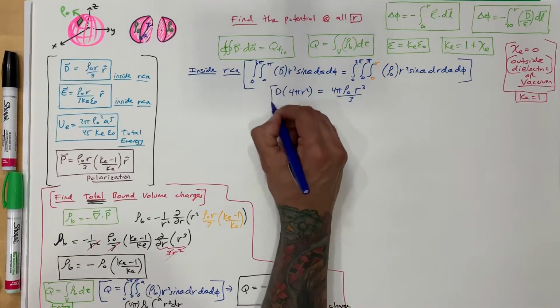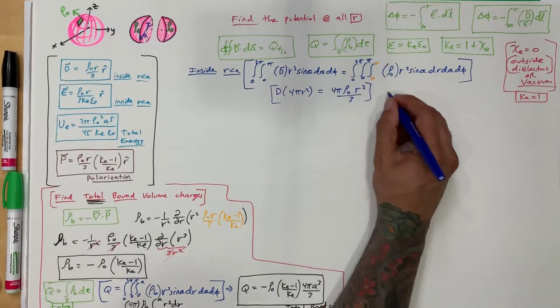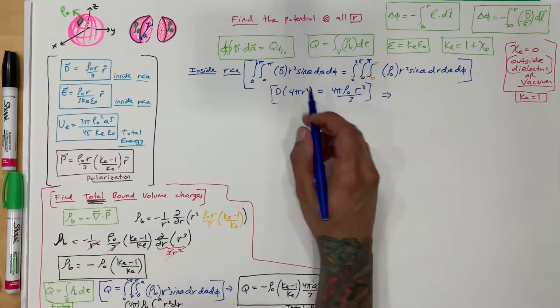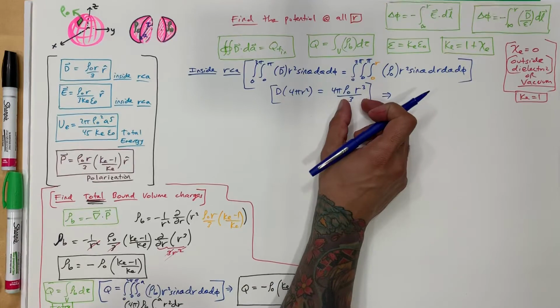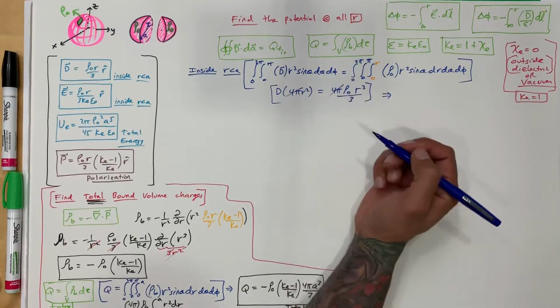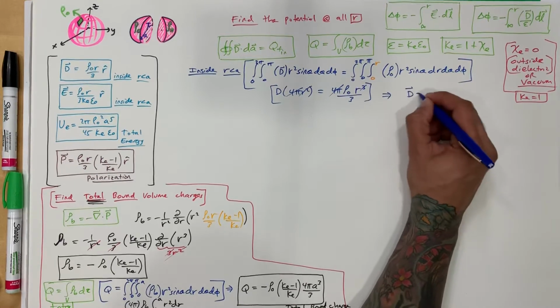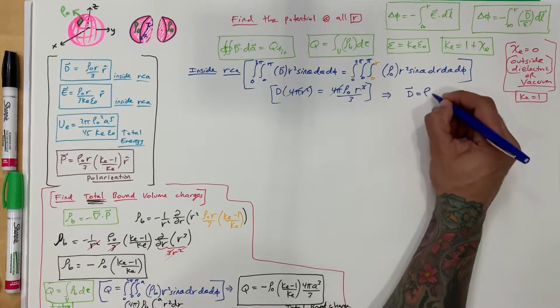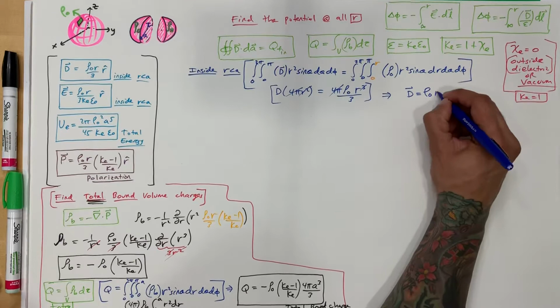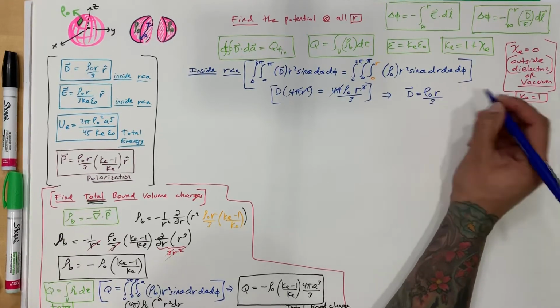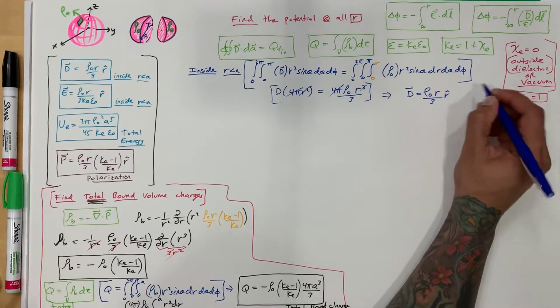And we're going to put the answer here. If we put this underneath on this side, we cancel out the 4 pi, r squared goes away, and we're left with the dielectric displacement, rho naught r over 3 in the radial direction.